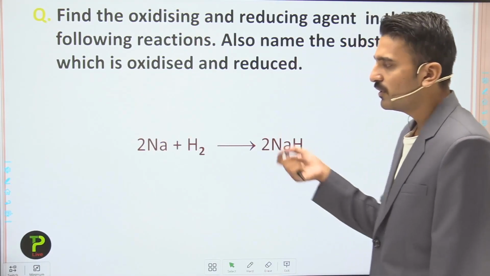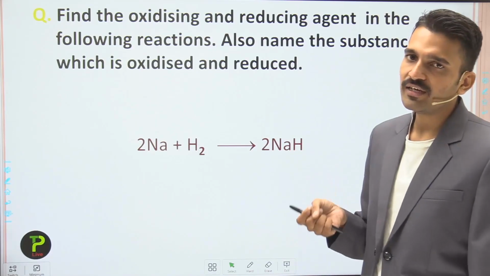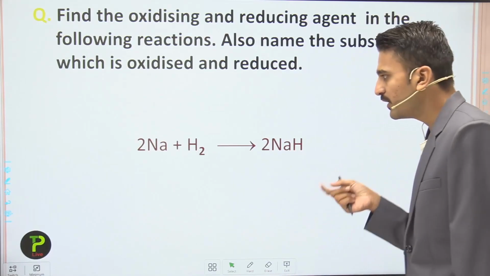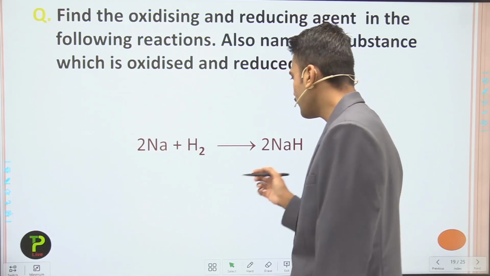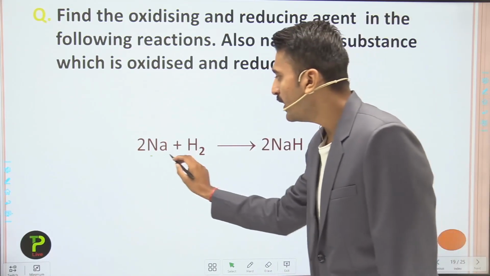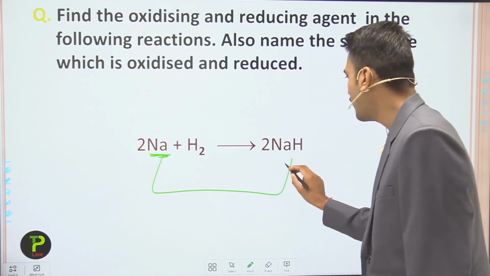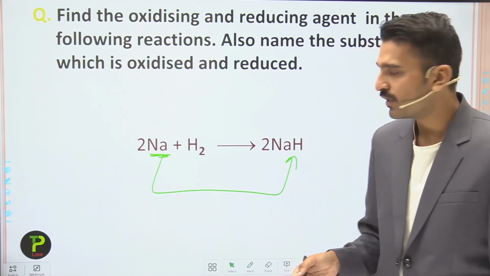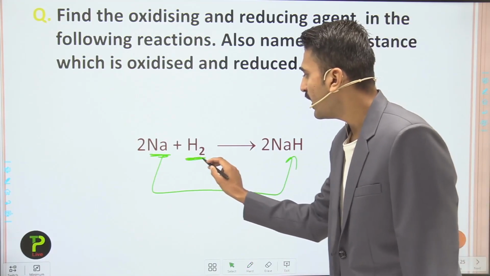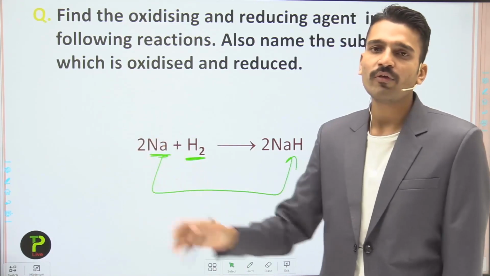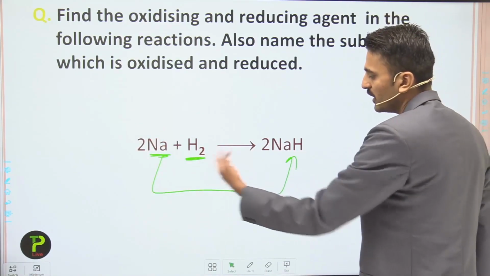Next question, the same question, finding the oxidizing agent as well as the reducing agent. So sodium when reacting with hydrogen forms sodium hydride. Na has undergone the addition of hydrogen, while the hydrogen has undergone the removal of one hydrogen atom. Here two hydrogen atoms are there, and here only one.